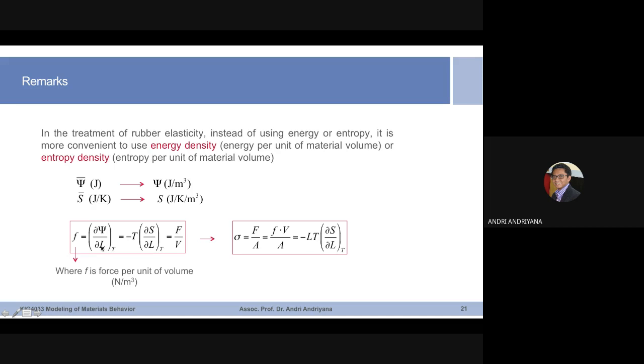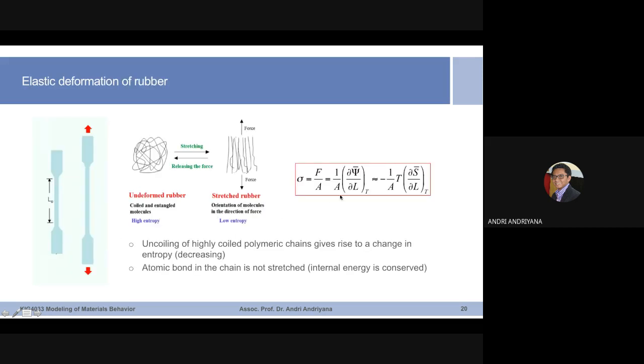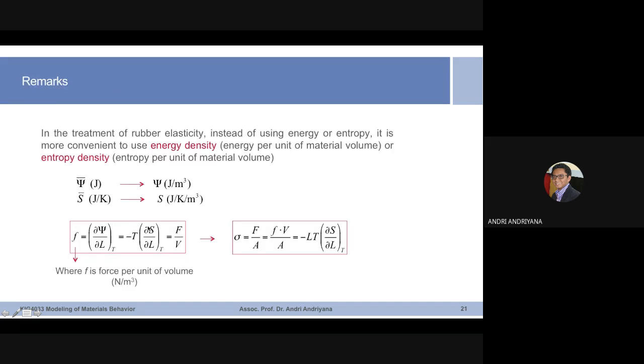respect to deformations. I will switch back to the previous slide to highlight the difference. This is psi bar over L, and this is large F, capital F. While here is small f, and this is the free energy density over deformation. So the small f here is the force per unit of volume.